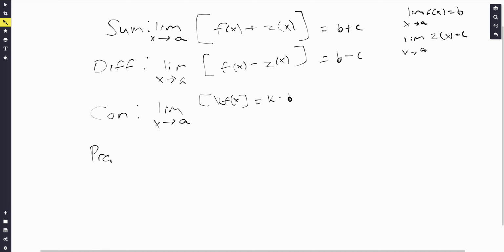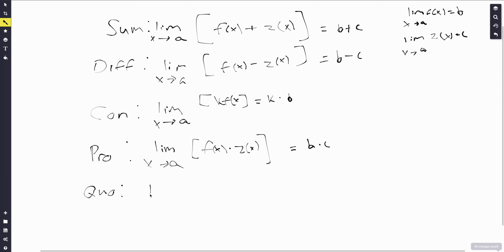The next one is the product rule. I'm just going to write it as pro. That's written as the limit as x approaches a of f of x times z of x, and that's equal to b times c. And then we have one more, the quotient rule for limits. I'm just going to write it as quo.